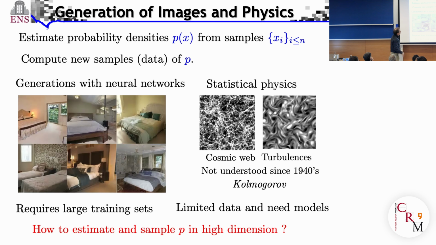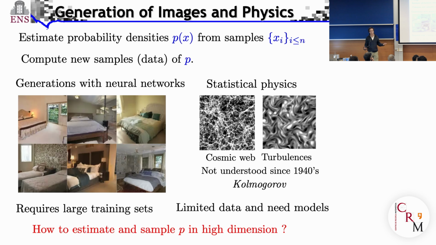And I'll be taking examples from astrophysics, the cosmic web, which is the distribution of mass in the universe, and two-dimensional turbulence. And one needs to keep in mind that if you take the example of turbulence, we can synthesize turbulence signals now, but there's still no models of what is the probability distribution of turbulence.